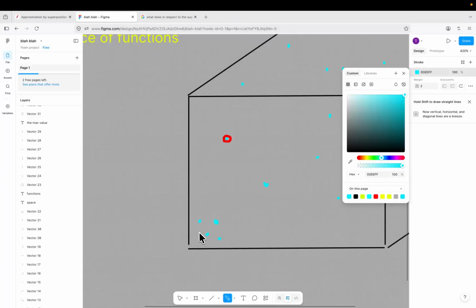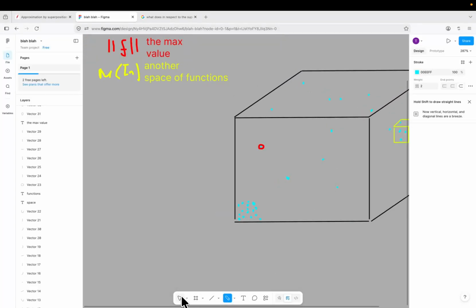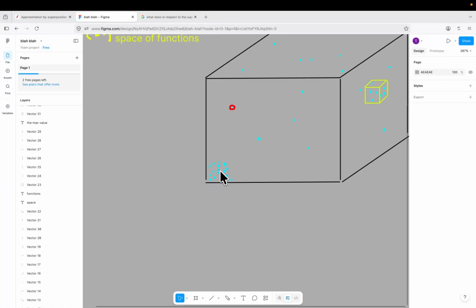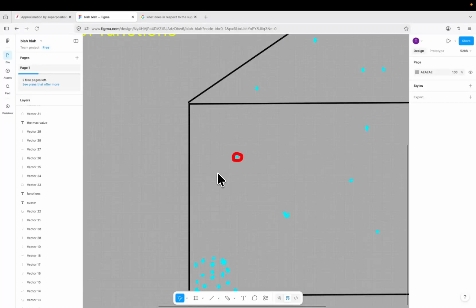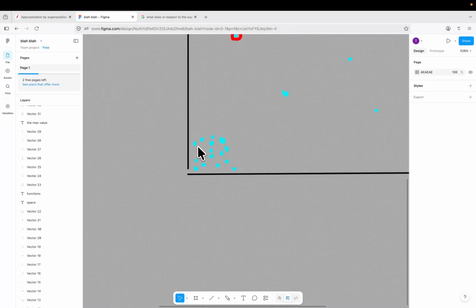What it means basically is that, let's say those functions in this hyperspace have a certain property. For example, that they're linear.